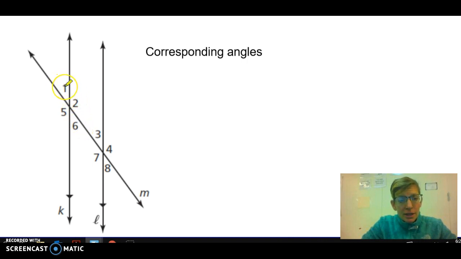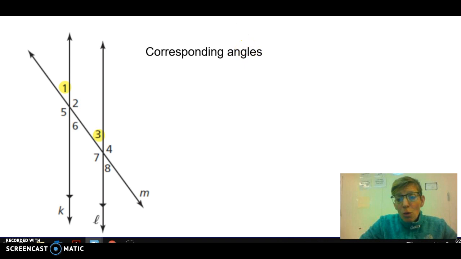So I'm going to look at this top left position represented by angle 1. Now if I go to the other parallel line, L, and I find the top left of that intersection, that's going to be angle 3. So angle 1 and angle 3 are corresponding.